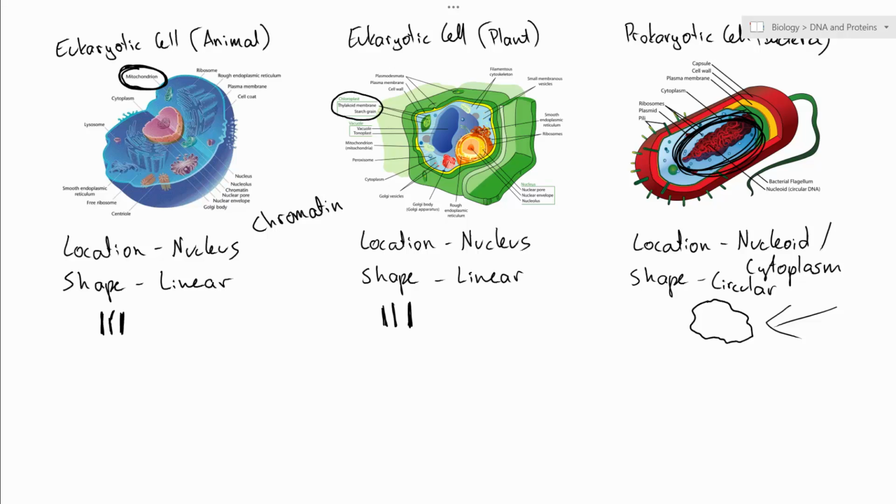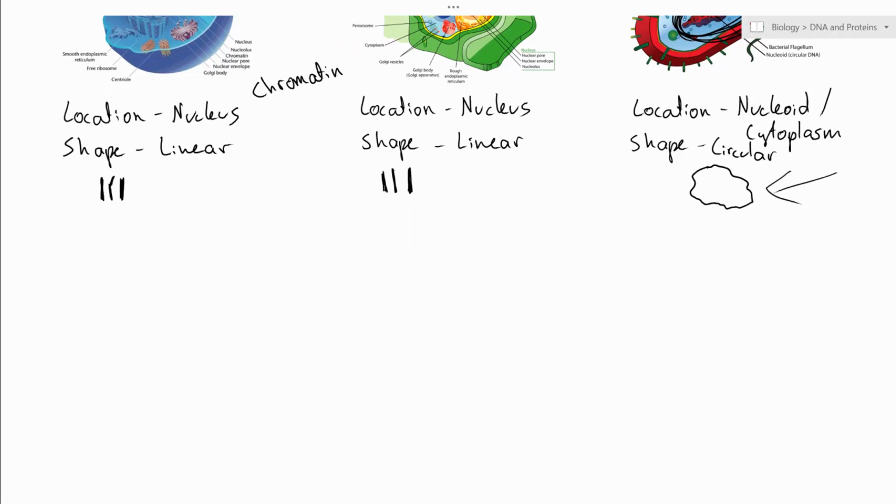Every cell of a human is going to have the same set of DNA, apart from their sex cells, so the same genetic information. And humans are going to have 46 chromosomes. So in each cell, humans will possess 46 chromosomes.